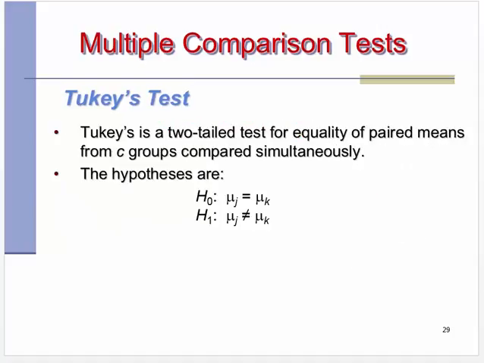In Tukey's test, there's a two-tail test for equality of paired means from C groups compared simultaneously. The hypotheses are H0: mu j equals mu k between the two groups, and H1: they're not equal, so that's a two-tail test.